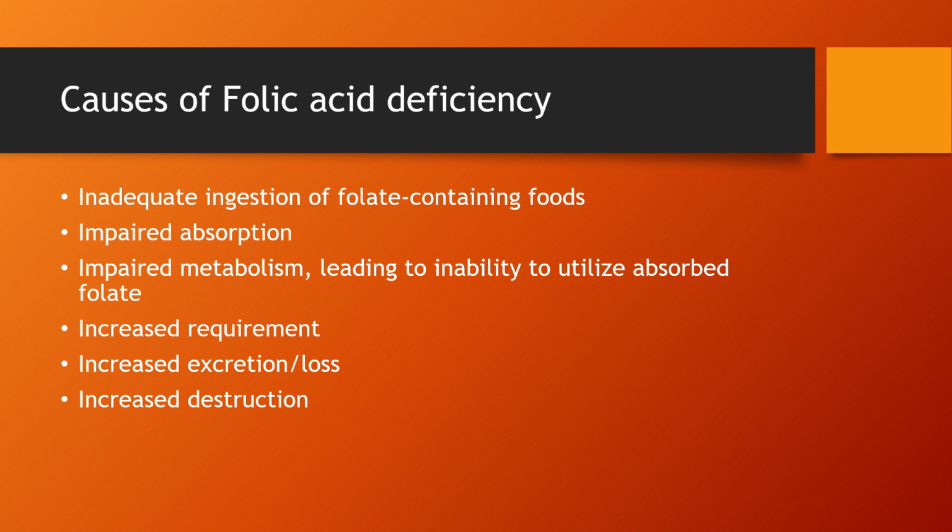There is an increased demand, and if the body is not able to meet the demand, then there would be a deficiency. If there are various reasons that cause an increased excretion or loss of the folic acid, then you will have folic acid deficiency. The last one is increased destruction.